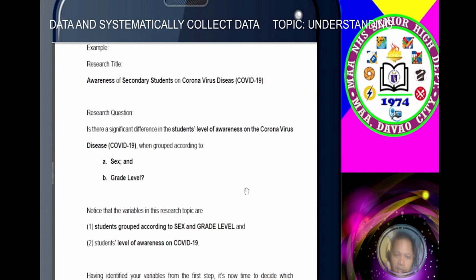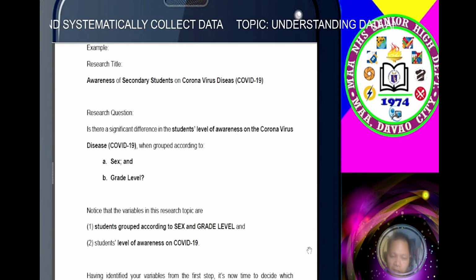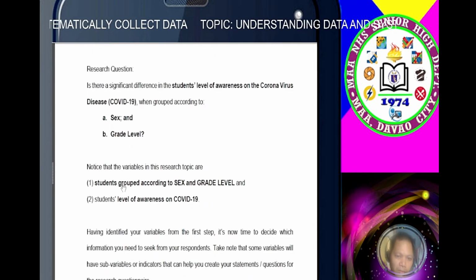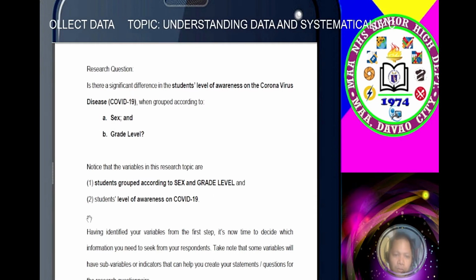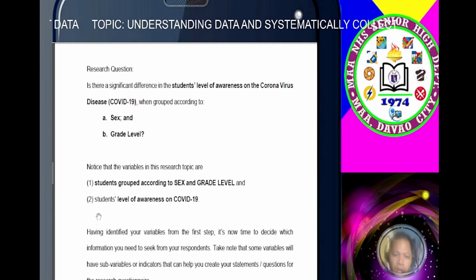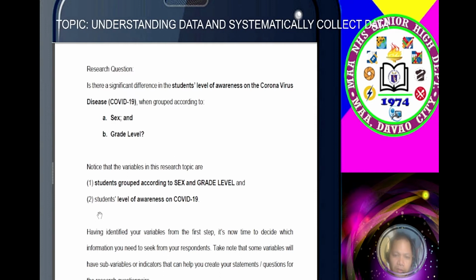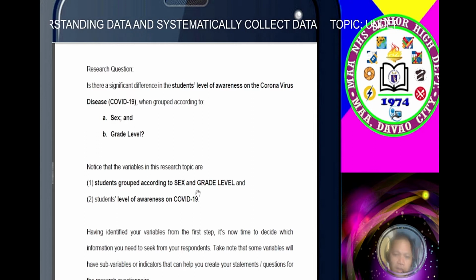Notice that the variables in the research topic are, number 1, the students grouped according to sex and grade level, then number 2, students' level of awareness. So first, identify what type of variables these are.